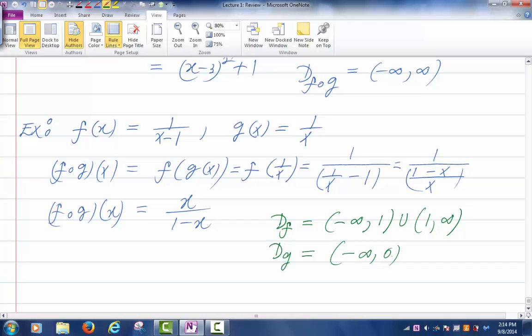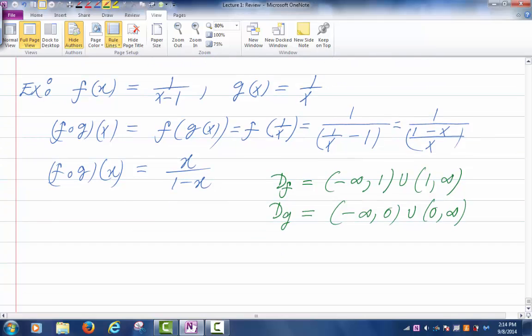Everything but 0. What's the domain of f circle g? What is the domain of f circle g? Everything except 1 and 0. You guys see why?